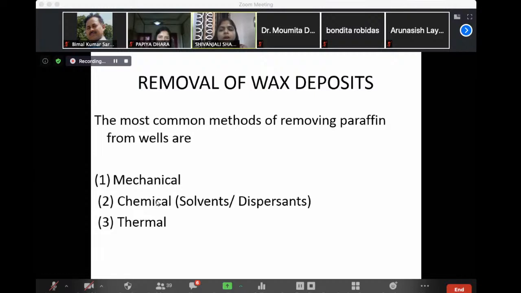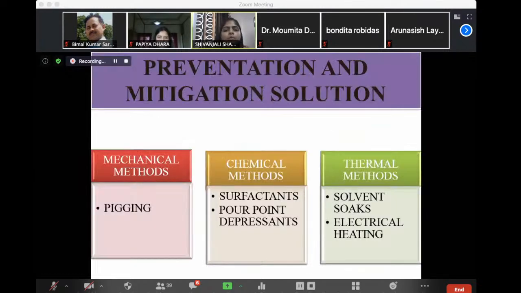What are these flow improvers? So when you talk about prevention and mitigation solutions, the first one is the mechanical method, which is pigging. I'll describe by figure what we mean by pigging and how it takes place. Then there are chemical methods. In chemical methods, we do have flow improvers. Then there are surfactants.